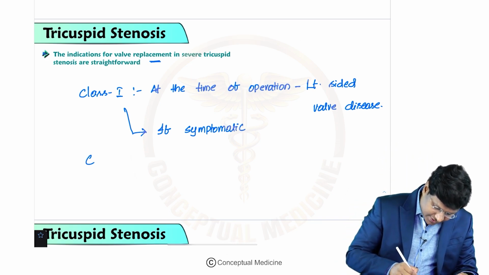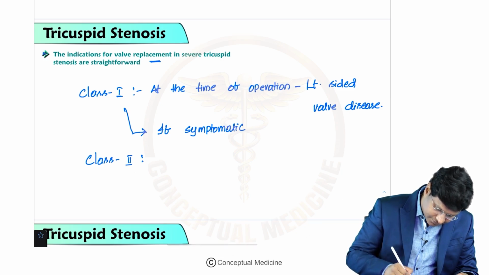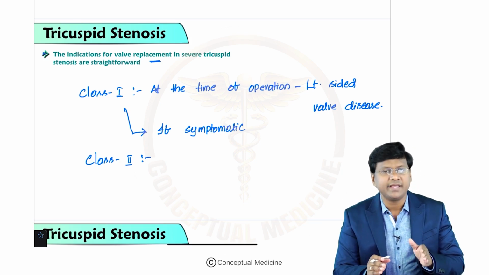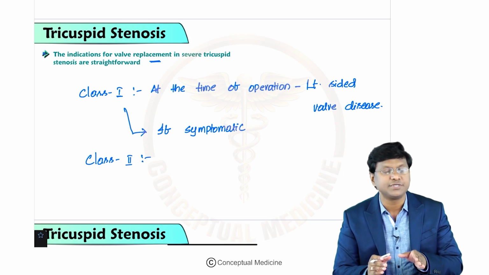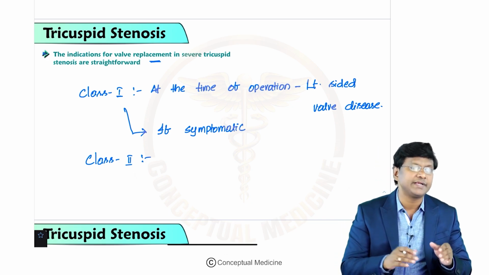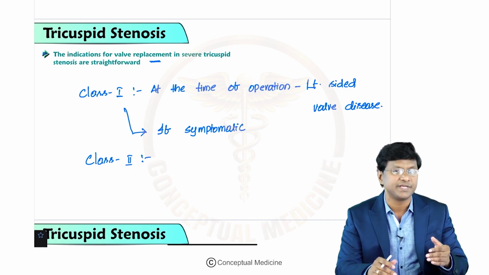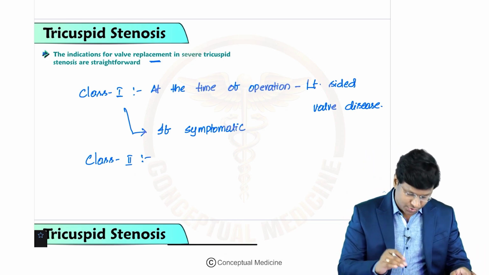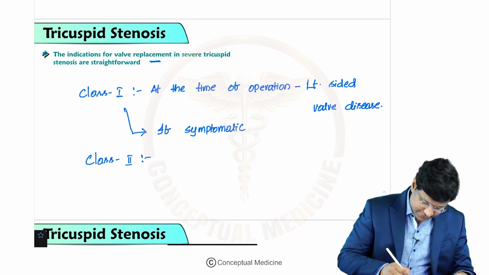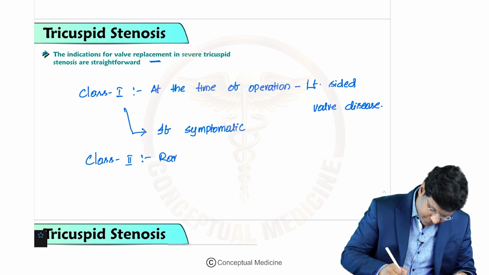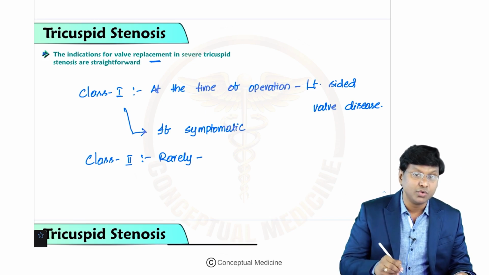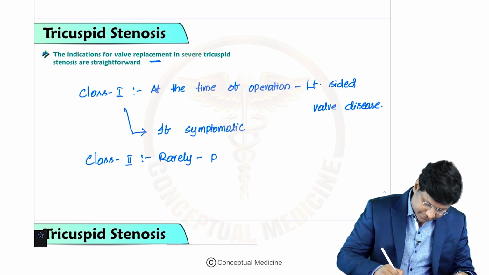And what is the class 2 indication? Rarely, percutaneous balloon commissurotomy for isolated tricuspid stenosis in high-risk patients with no significant tricuspid regurgitation, you have to try.